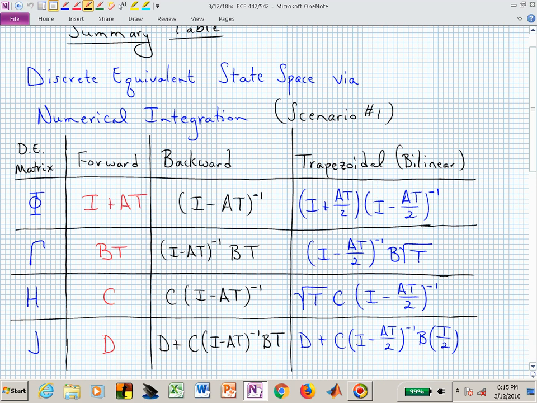So the question was, on the exam, how much of this are we going to have to derive? Yes, I think I'll just have you derive the trapezoidal for exam number 2, since you asked the question. Actually, I just want you to be able to use this table. You don't have to derive anything. I give you credit for staying awake during the derivation.